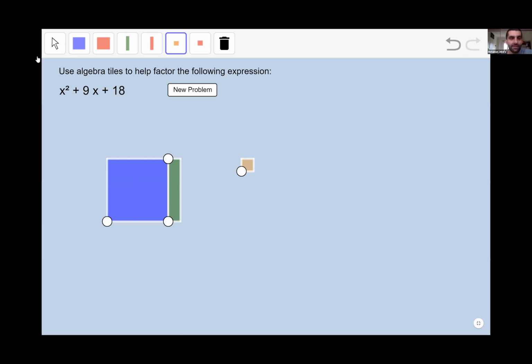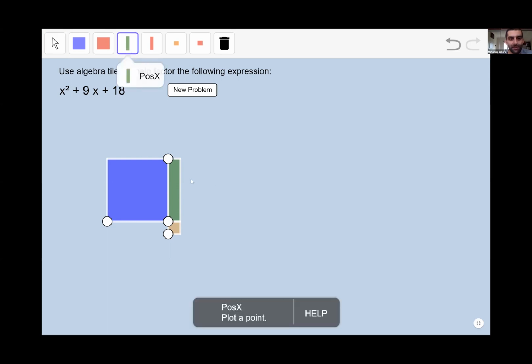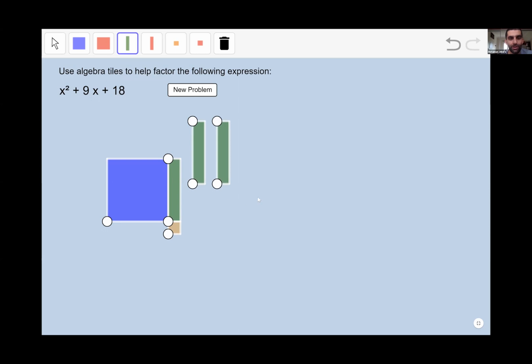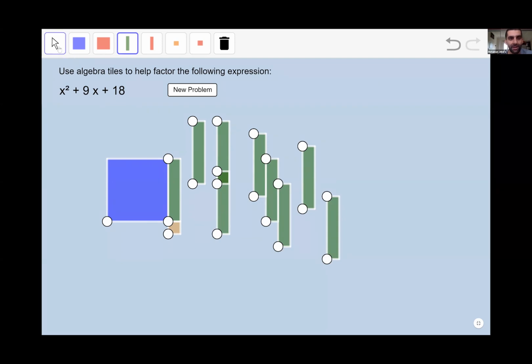And you can see that because if I put that next to here, it's exactly 1 unit in length. Okay, so I need 1 x squared, I need 9 x's, these, and I need 18 of the ones. So let's get 9 x's. 2, 3, 4, 5, 6, 7, 8, 9.